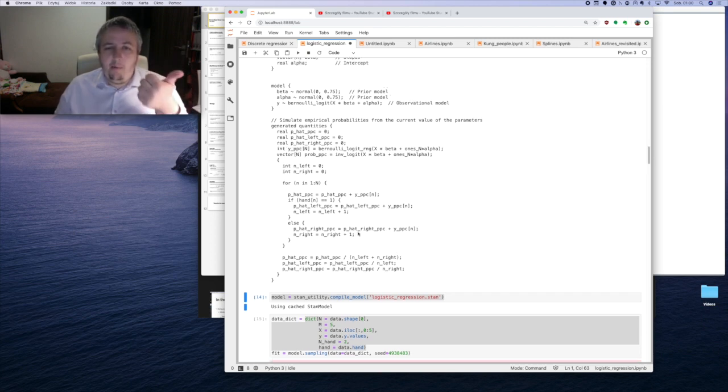These empirical probabilities will actually be the ratios of how many ones to total trials in this version. In our case, 500. So for each of the samples from our Monte Carlo distribution, we will have three numbers: the probability of y equal to 1 for the entire group and for left and right hand.